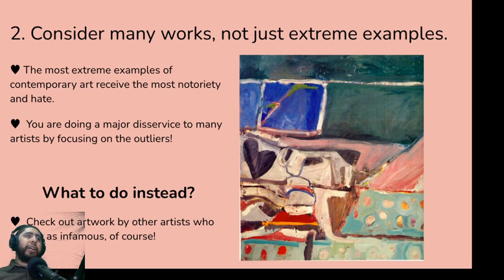It got the NEA, National Endowment of the Arts, to defund money for artists because of that. And people might think, okay, this is the face of what contemporary art is, a crucifix dipped in piss. What are artists doing nowadays? That's one of the most extreme examples, right?